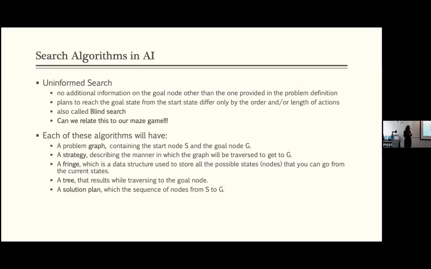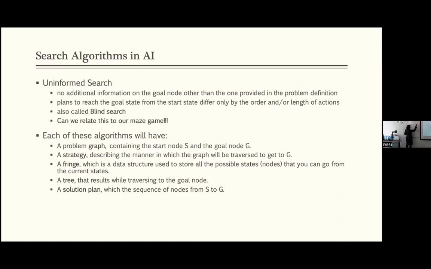Okay, so a solution plan is a sequence of nodes. For example, if we want to go from A to B, what would be the solution plan? It will be according to the different search algorithms. It is just an example.